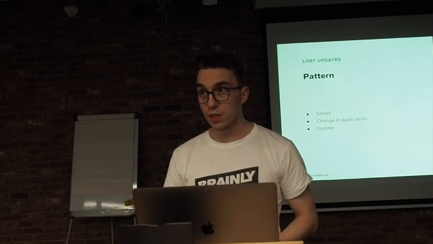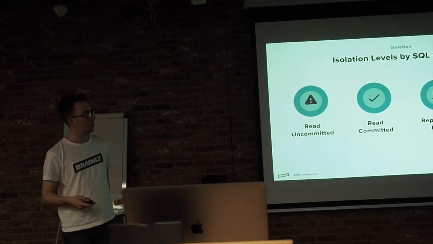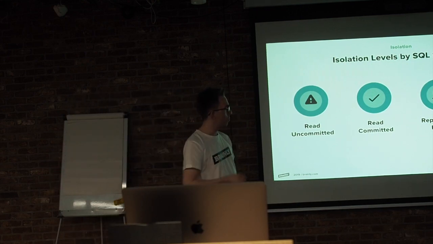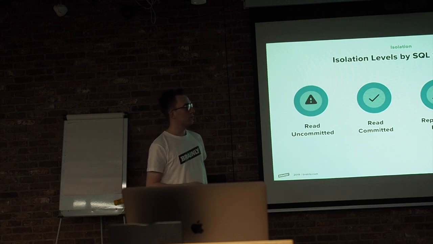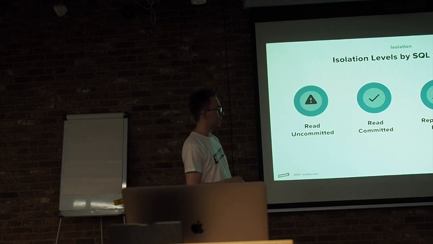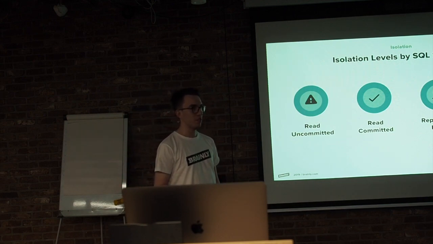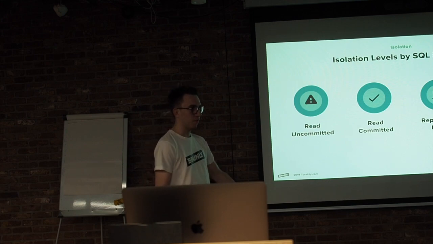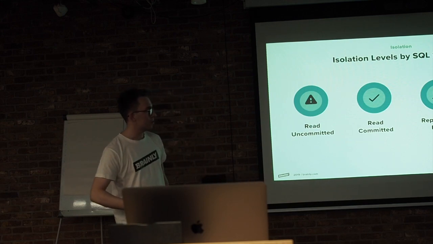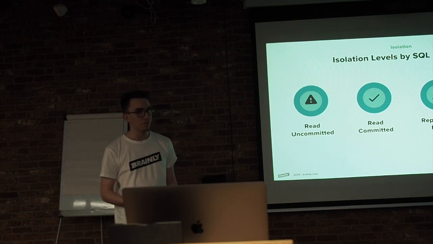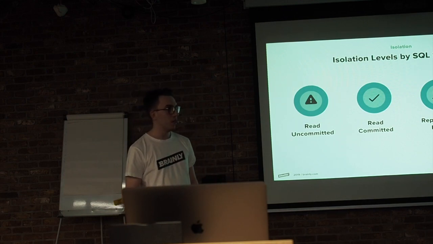So what is the difference between isolation levels? Here at Brainy we had an issue: we started with serializable level, because it was much easier to implement for the first iteration of our product. And it happened that it just times out.